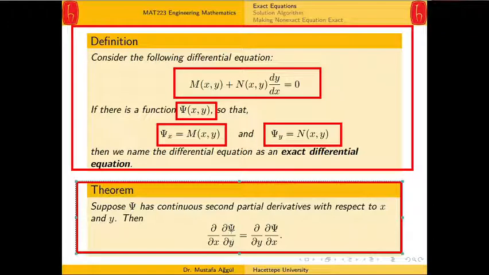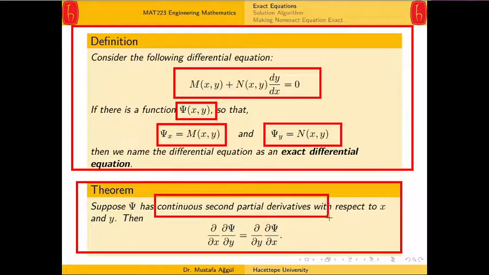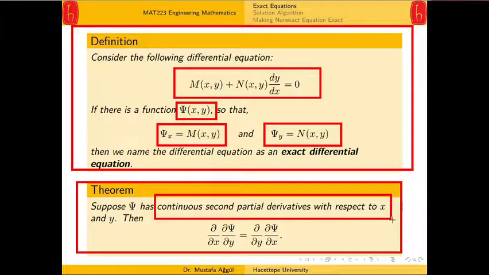So if you take the y derivative and then the x derivative, this will be equal to the y derivative of its x derivative. So the order of these derivatives can change if we are working with a function having continuous partial derivatives with respect to x and y.